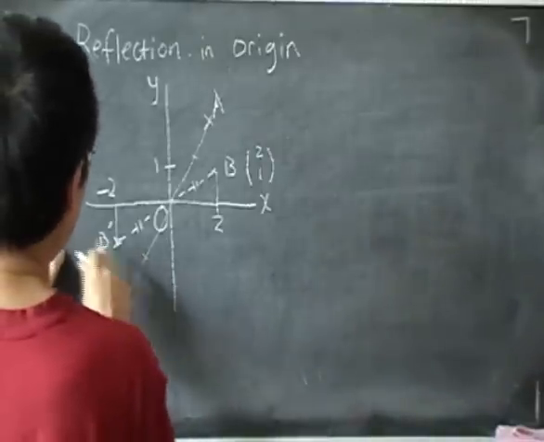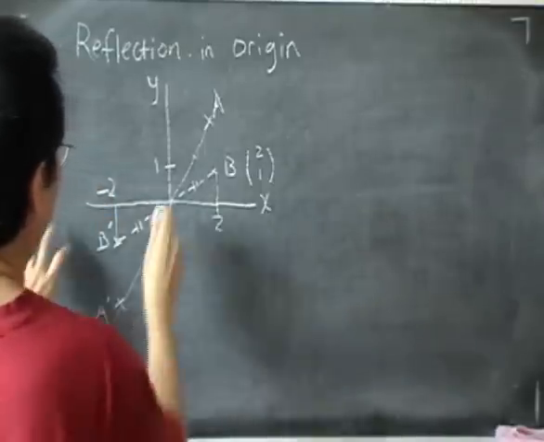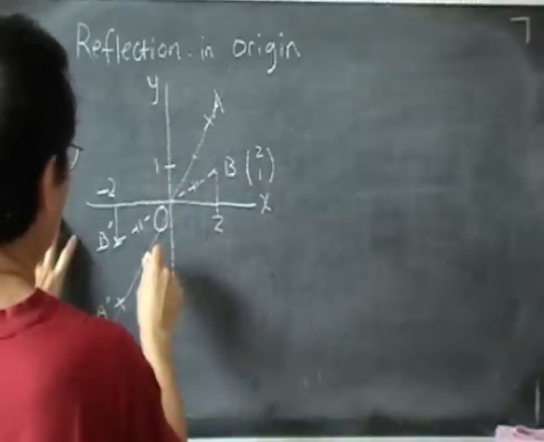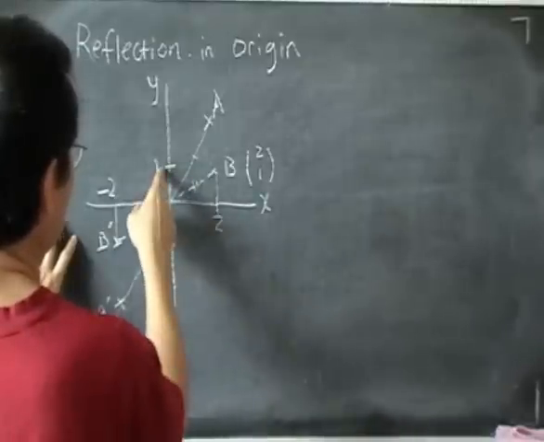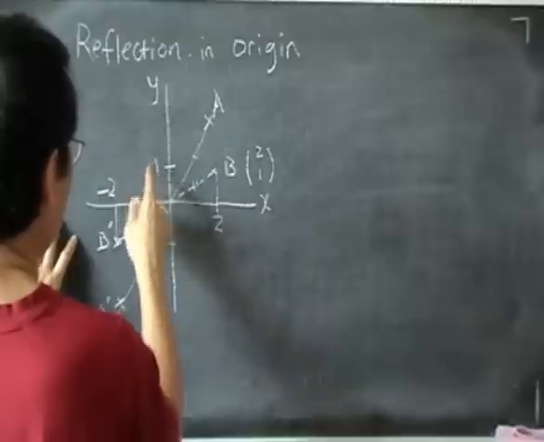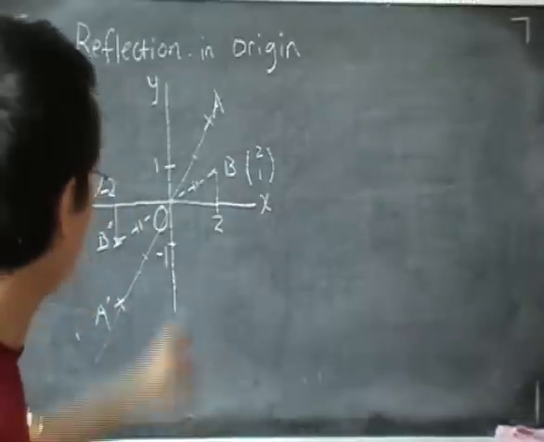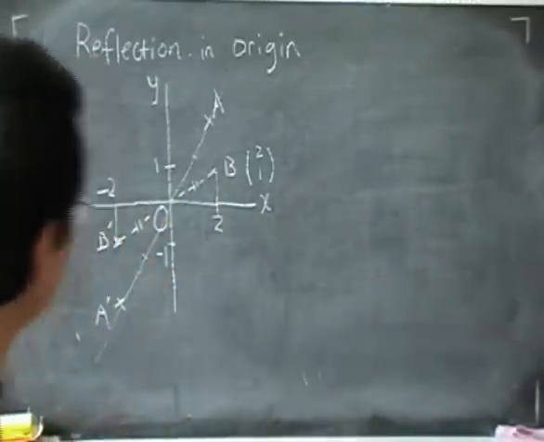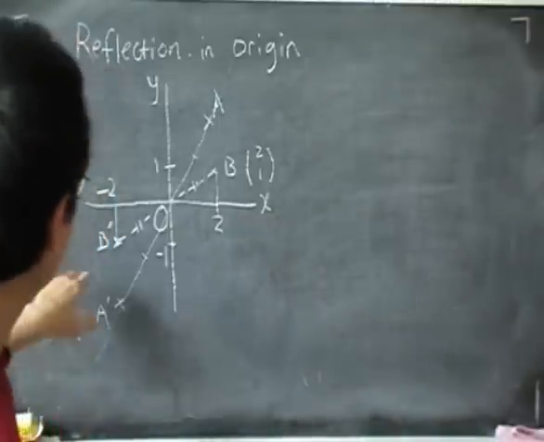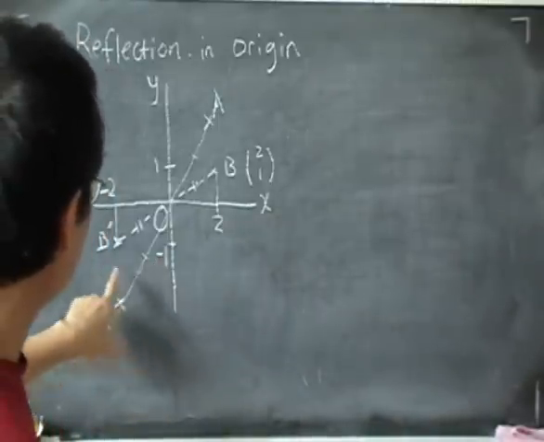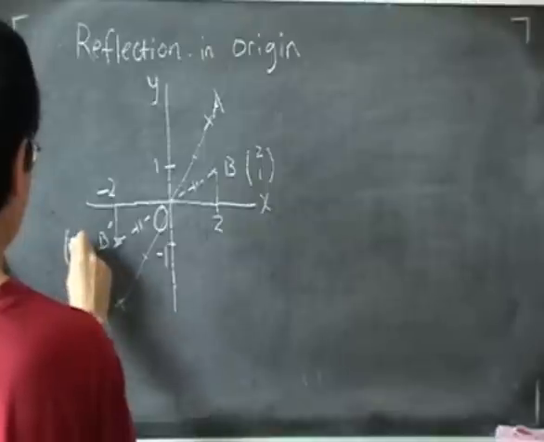So the x value of B prime is just minus 2, and the y value of B prime is just the negative of the y value for B. So 1 becomes minus 1 and 2 becomes minus 2. The whole thing gets flipped over to the other side of O. So once we see this, we know right away that the coordinates for the image should be minus 2, minus 1.